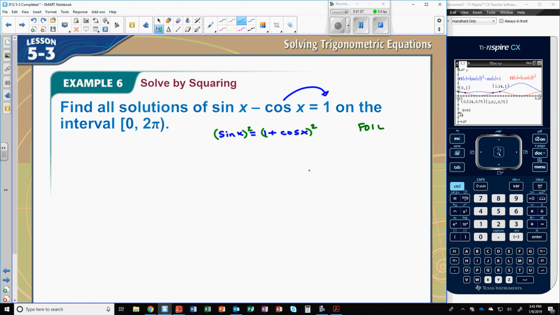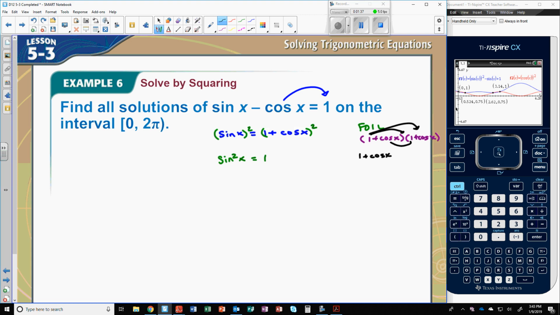Okay? So when I FOIL, this is easy. This becomes sine squared x. When I FOIL, do not forget that what you have to do is have 1 plus cosine x times 1 plus cosine x. And so when we FOIL that, we get 1 times 1, which is just that 1. And then 1 times cosine x.